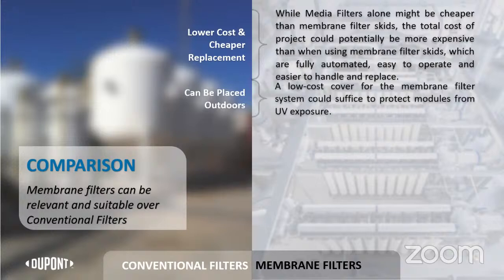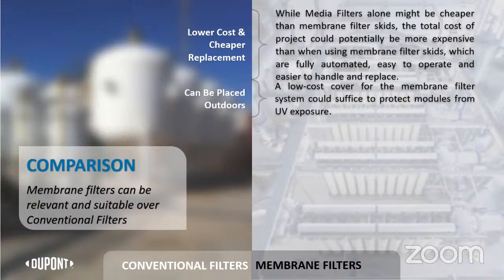A conventional filter is usually placed outdoors. Why would membrane-based systems need indoor housing? The body is usually plastic, made out of UPVC, and it just needs to be protected from UV.